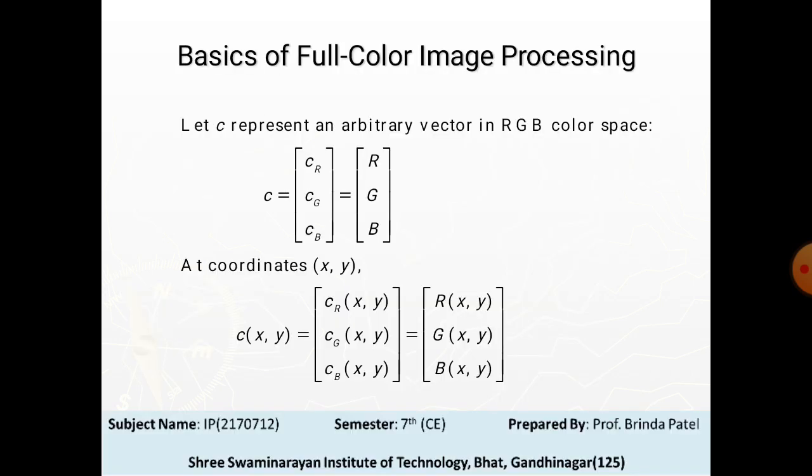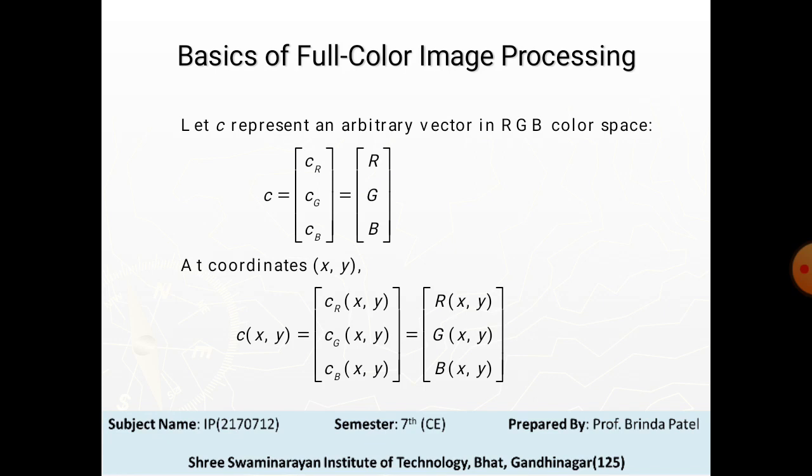So now, the basics of full color image processing. Here we begin the study of processing techniques applicable to full color images. They are far from exhaustive. The techniques developed in the sections that follow are illustrative of the full color images we handle for a variety of image processing tasks.